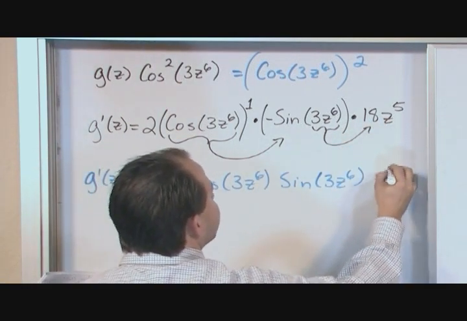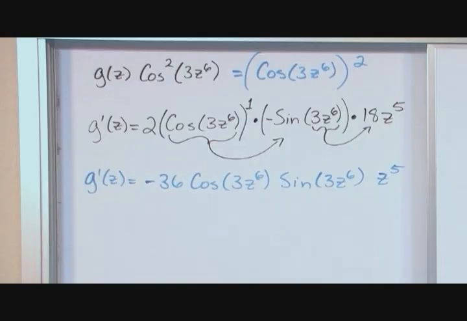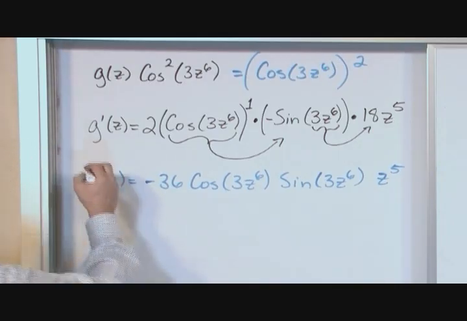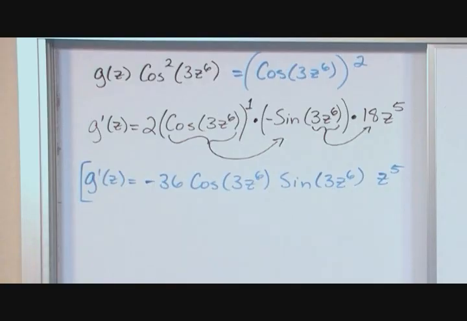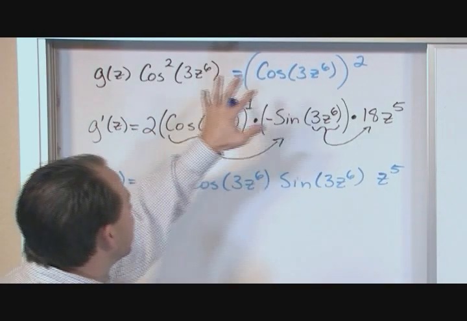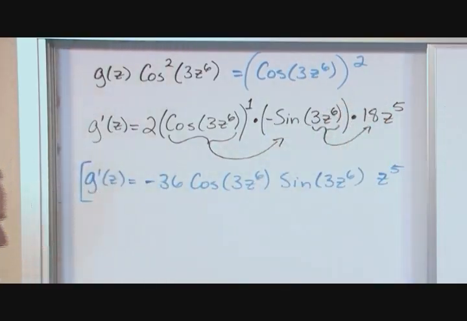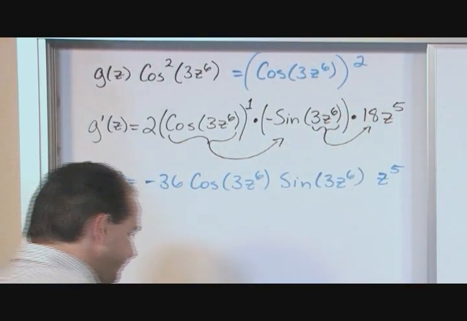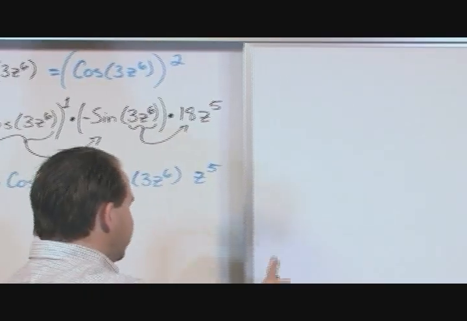So we'll have negative 36 cosine 3z to the 6th times sine 3z to the 6th times z to the 5th. Right? So this is a great example of having multiple nested layers in a chain rule. And the same exact process goes. You start outer, work inner, until you basically run out of things to take the derivative of. All right? So let's go ahead and do the next guy.